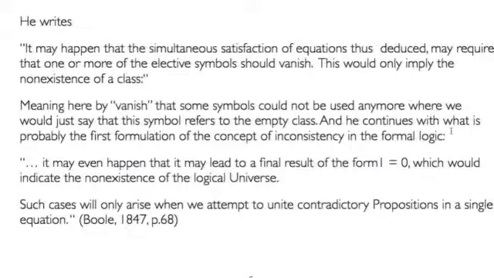And then he continues with what is probably the first formulation of the concept of inconsistency in formal logic. Somebody mentioned inconsistency yesterday. Obviously, Euclid didn't have a concept of inconsistency. He was just describing what is, and the issue of inconsistency would make no sense.